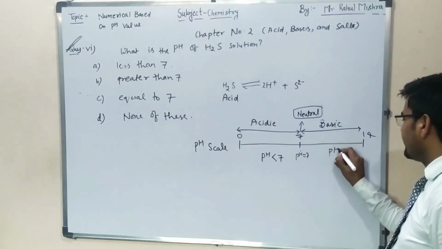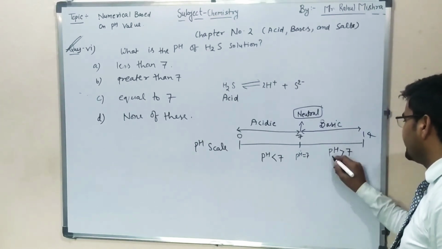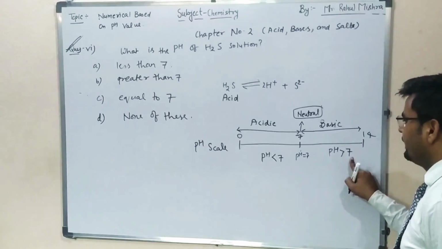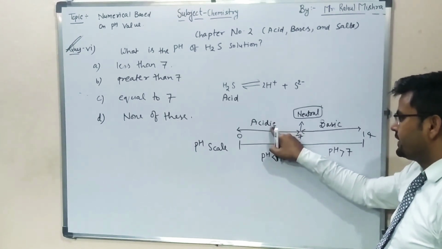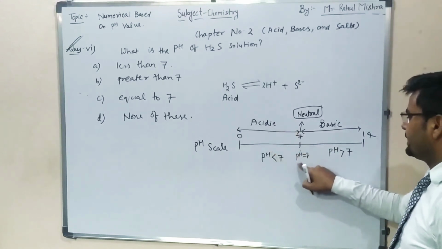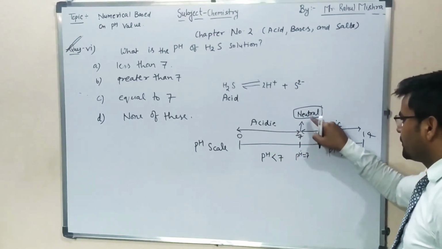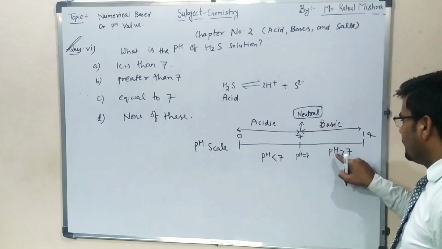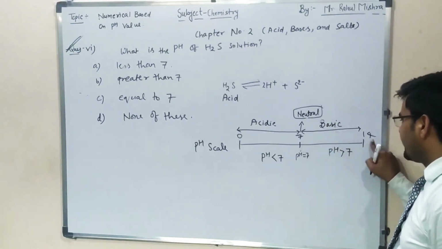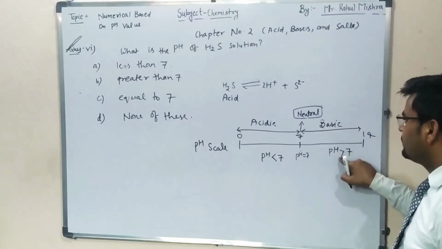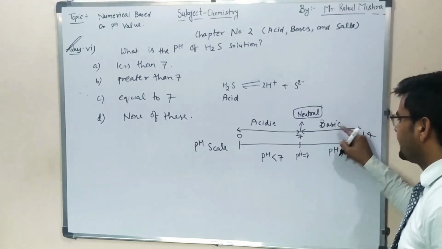So this is the case where pH is greater than 7. It means pH अगर 7 से कम है तो सॉल्यूशन का नेचर एसिडिक होगा, अगर pH 7 के बराबर है तो सॉल्यूशन का नेचर न्यूट्रल होगा, और अगर pH 7 से ज्यादा है या 7 से 14 के बीच में लाई कर रही है तो सॉल्यूशन का नेचर बेसिक होगा.